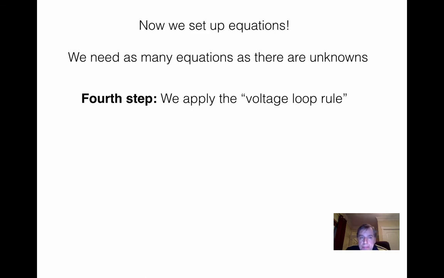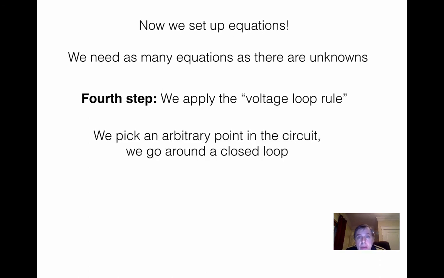The fourth step is now we're ready to apply the voltage loop rule. That's the rule that says that if you go along any closed loop, the sum of the voltages, which are differences of potential, along a closed loop must be equal to zero. So how do we actually apply that?